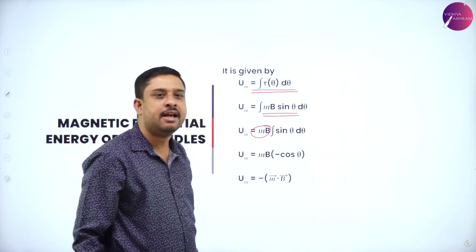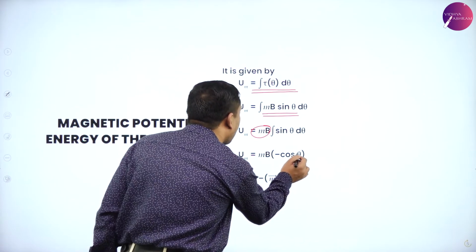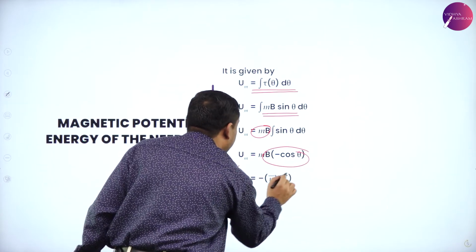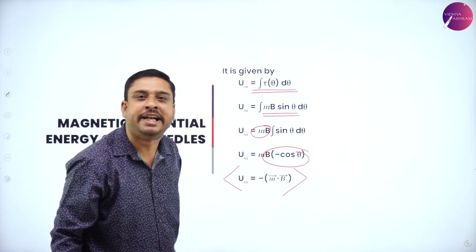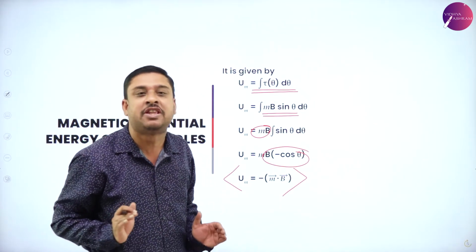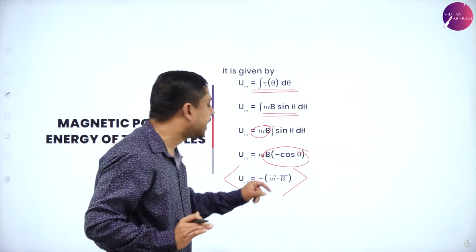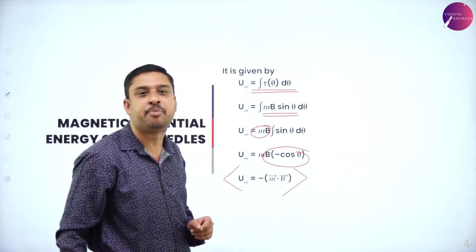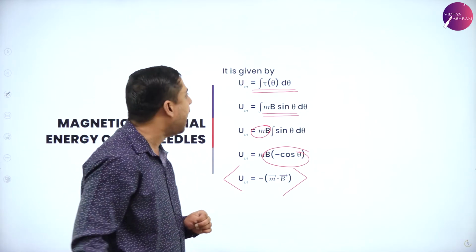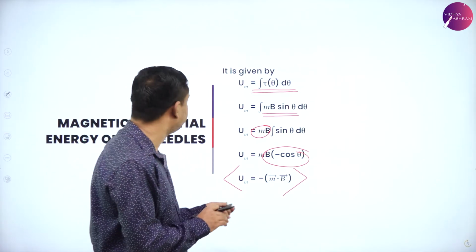So the integral of sin theta d theta is minus cos theta. Looking at this, because I have the cosine of the angle here, potential energy can be defined as a dot product. So potential energy is minus vector m dot vector B, that is, mB cosine of the angle between vector m and vector B. Therefore, it is the dot product.